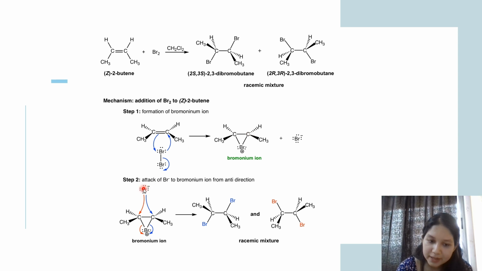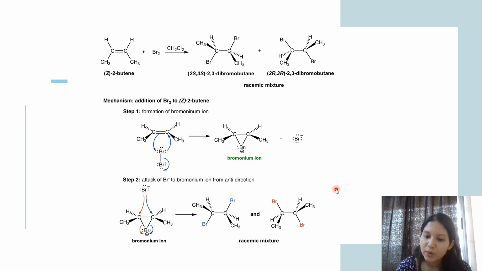See, if the bromide ion attacks here, you get this product, and if the bromide ion attacks here, you get the second product. And you cannot selectively get one product in this reaction.